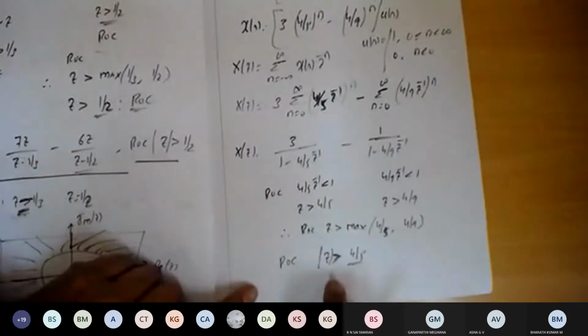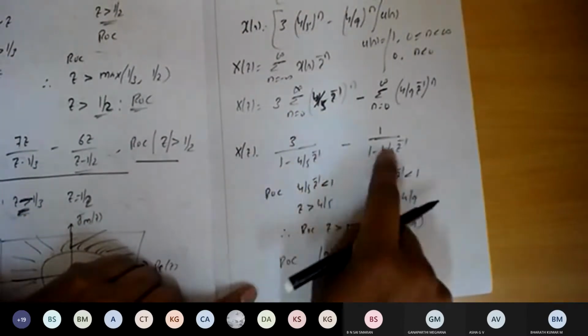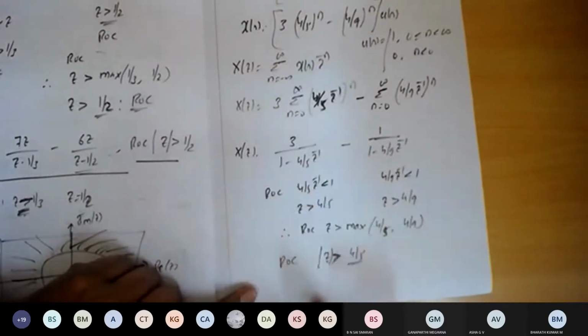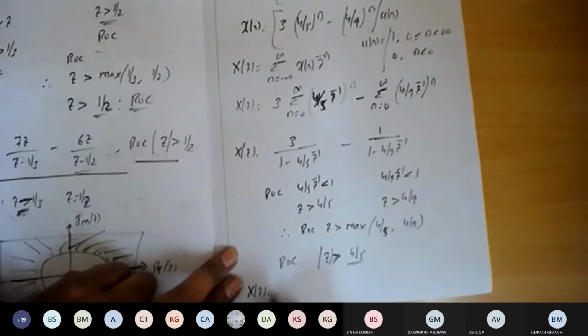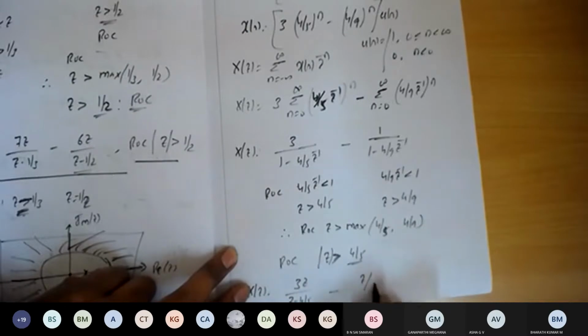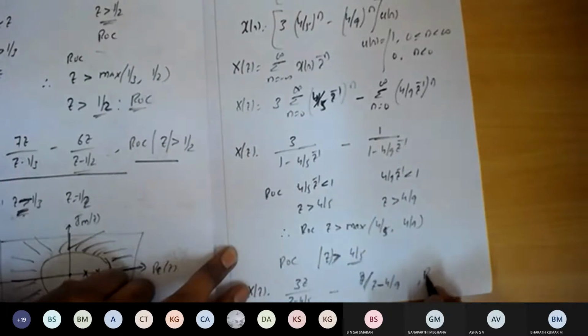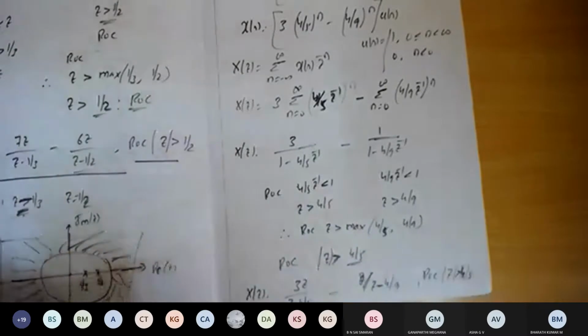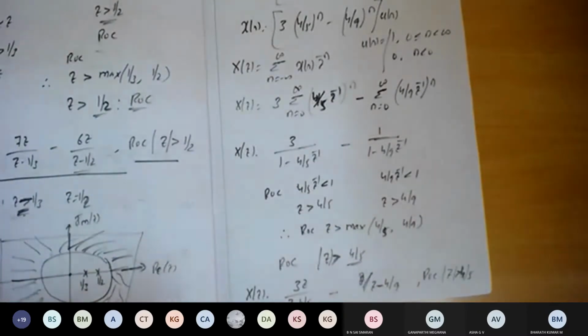And if you evaluate this one, x of Z will become equal to 3 into Z divided by Z minus 4 by 5, minus Z divided by Z minus 4 by 9, and the ROC is Z greater than 4 by 5.